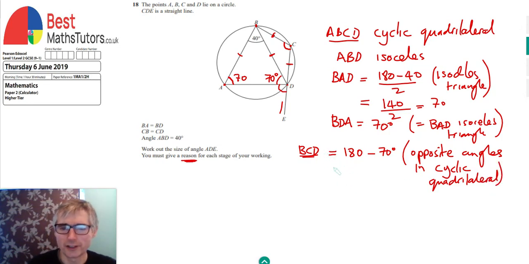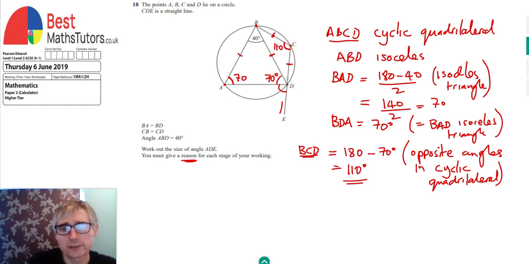And that will give me 110 degrees. So that's BCD. I'll just put that on there: 110.